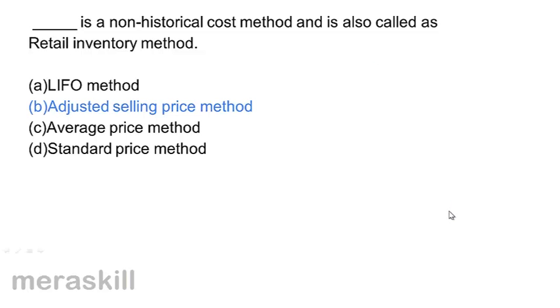The adjusted selling price method is the retail inventory method. It is also non-historical cost. It is not based on historical cost as LIFO is, or as a weighted average price method might be. Standard price is also a non-historical method. However, it is not called a retail inventory method.